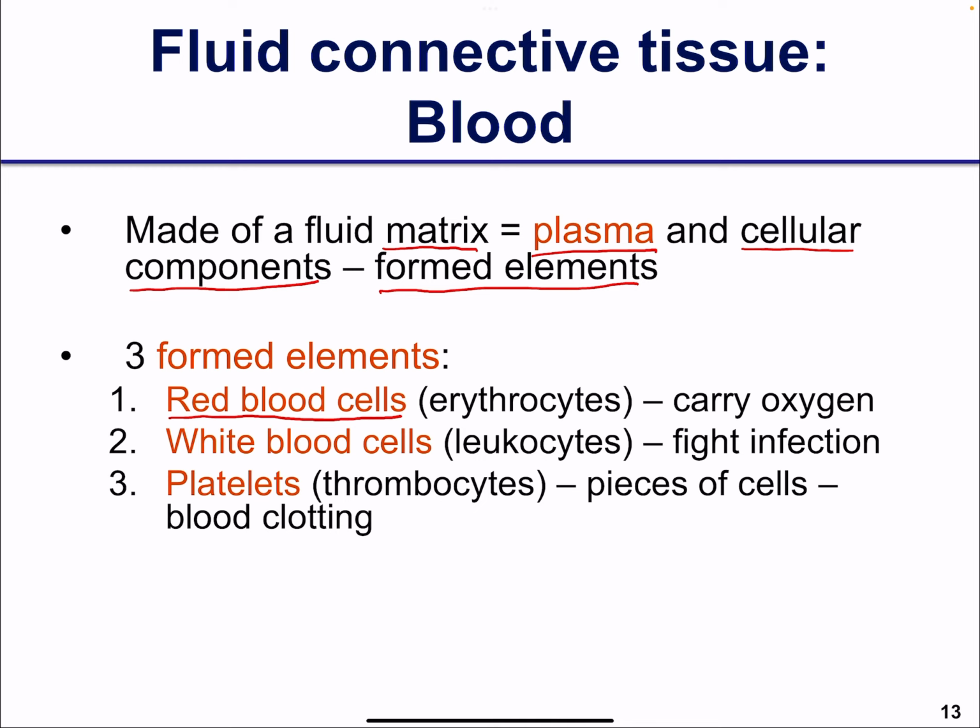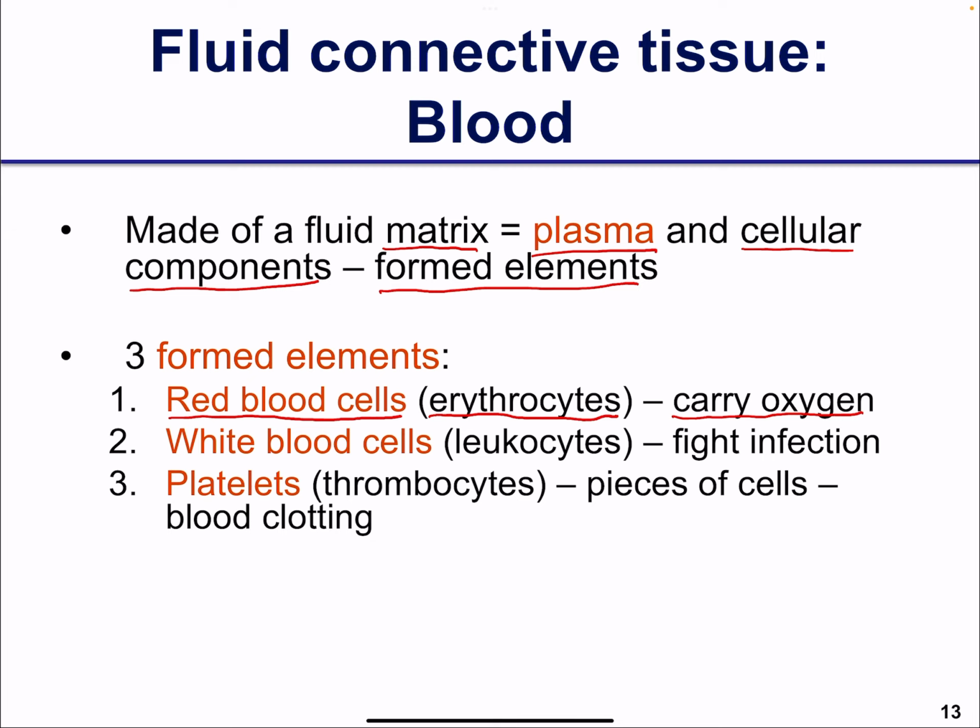That is the erythrocytes. Erythrocytes, I expect you to know that name. The job of erythrocytes in the body is to carry oxygen. They're going to have some proteins called hemoglobins. These hemoglobins are the ones that are going to catch oxygen, and that way red blood cells are going to carry oxygen through the body.